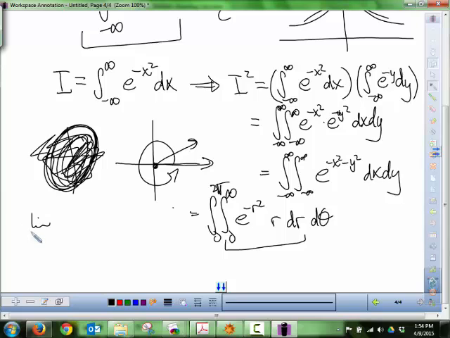Because you have to do the appropriate thing with improper integrals, it would be an integral from 0 to b of e to the minus r squared r dr. And then you would integrate this by u substitution. u is equal to negative r squared, du is equal to negative 2 r dr. So the r dr gets replaced, and the negative 2 goes out, or negative 1/2.